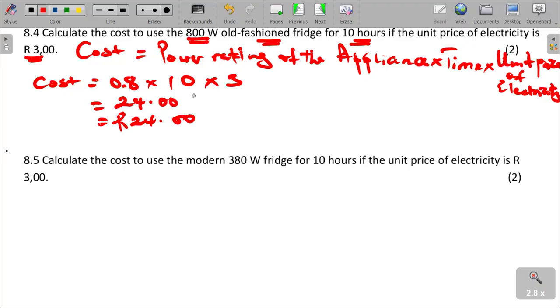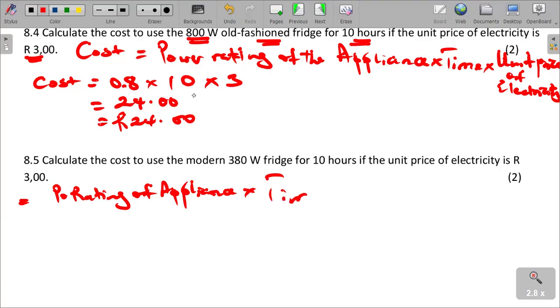The cost of using the modern one is the power rating of the appliance multiplied by time, multiplied by the unit price of electricity that we are given here.